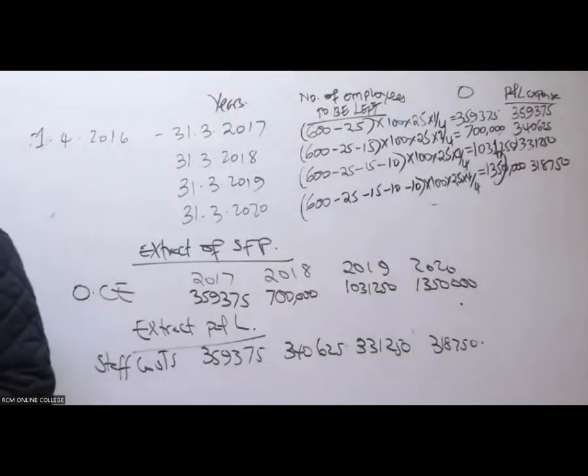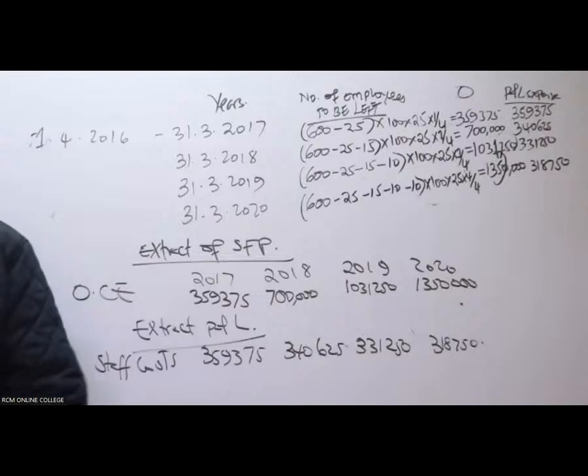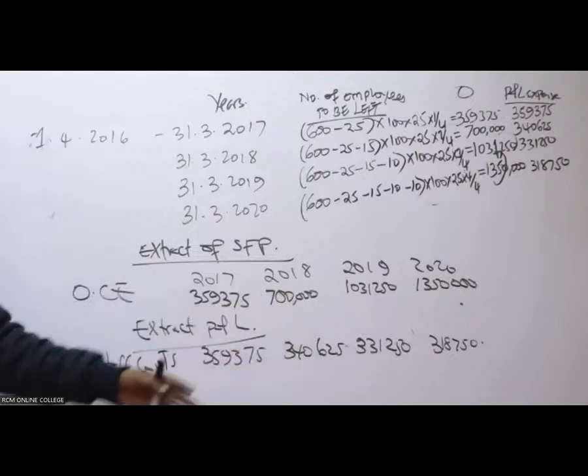So can I go to something different? I hope you guys are following. $318,750. Okay. Great, great. So can I go to something different? Even if my numbers here could be wrong, fine.